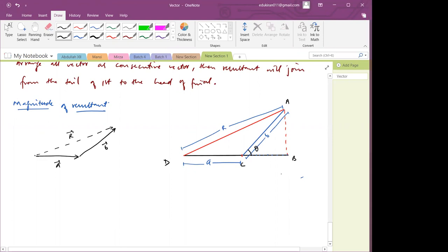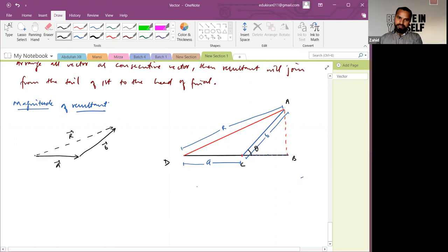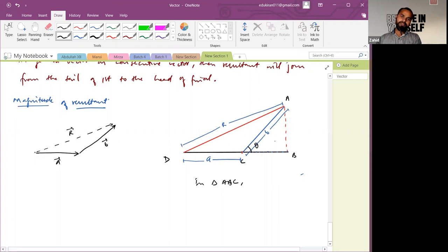Yes, sir. Okay. Now, if you define in this particular diagram, let's say in triangle ABC, I want to calculate AB and BC, which is nothing but base and perpendicular for this theta. So if you want to calculate cos theta, it will be base over hypotenuse. So BC would be equals to AC times cos theta.